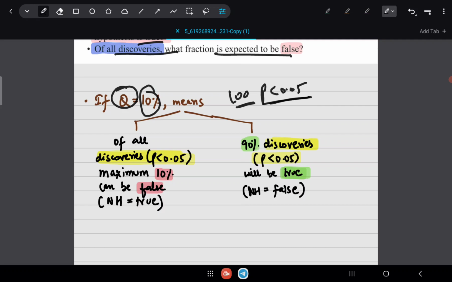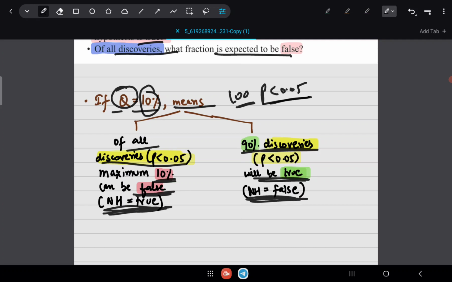In 10 comparisons the null hypothesis will be true. So if Q is 10%, of all the discoveries you have made, meaning all the comparisons in which you have received a significant p-value, a maximum of 10% can be false. A maximum of 10% will have a true null hypothesis in reality, whereas in the rest 90% of the experiments the null hypothesis will actually be false in reality.